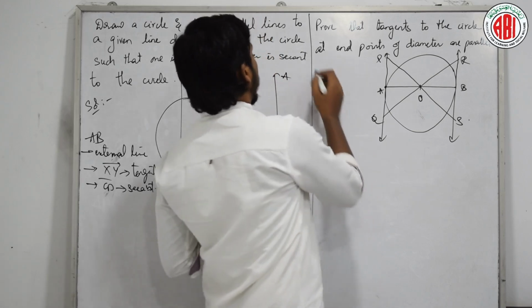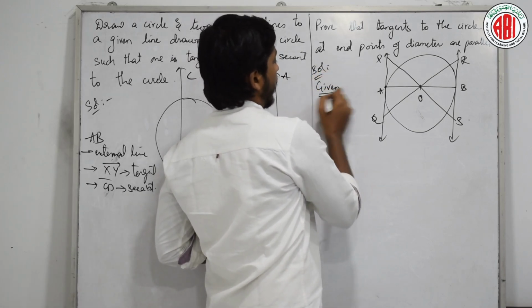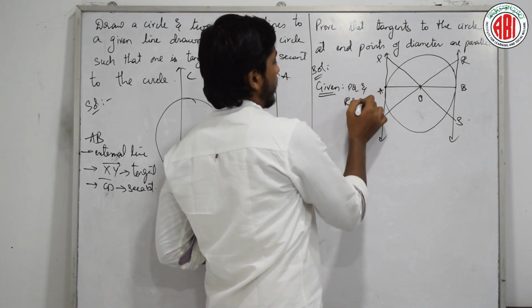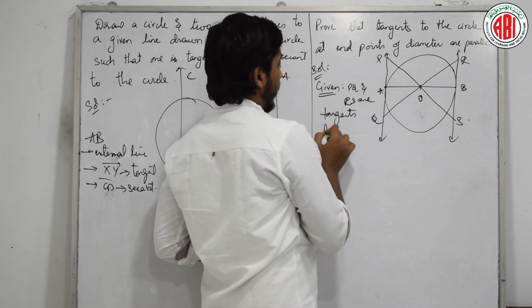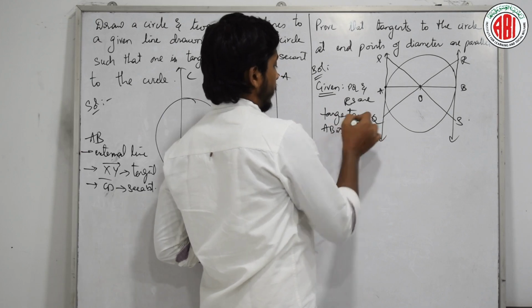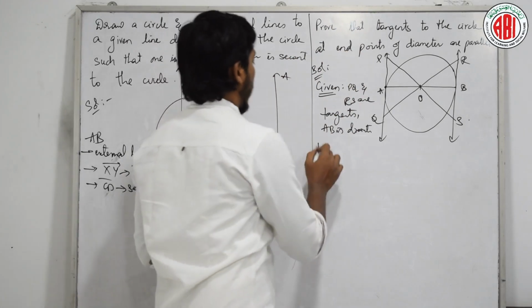Okay? What is given? PQ and RS are tangents, right? AB is diameter. Okay? What we have to prove?